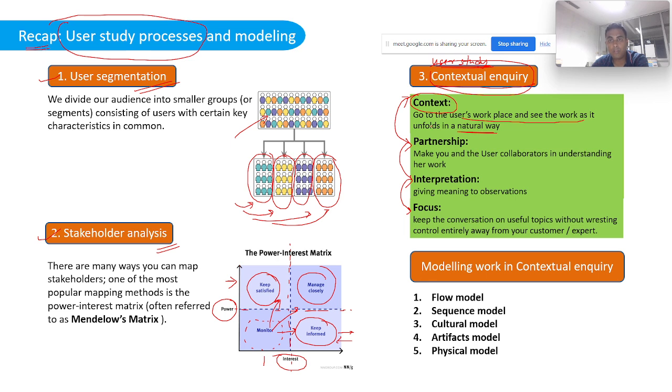So we go to the actual context and then we observe it as it is. Second thing is partnership. We try to build a particular relationship, depending upon the requirement, in order to make ourselves and the user collaborate in the user's activities. In this particular characteristic we consider a particular relationship model.